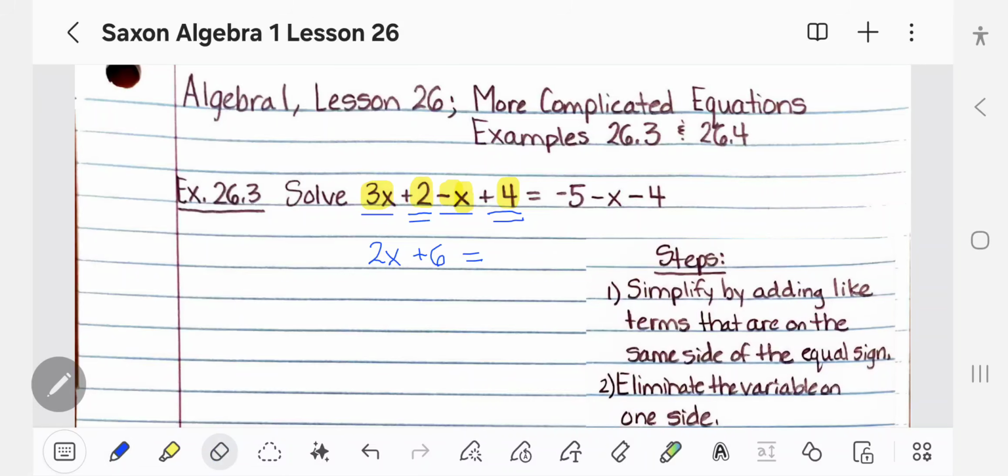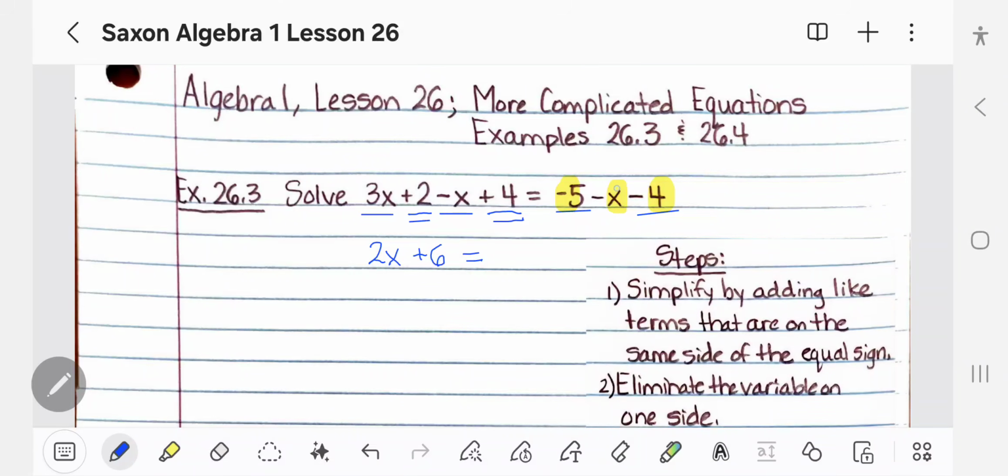Now let's go on the other side, and let's see if we can identify our terms. We have 1 term, 2 terms, 3 terms. Let's see which of those are like. I have a constant here, and I have a constant here. This variable has nothing like it. So let's combine our constants. Negative 5 minus 4.